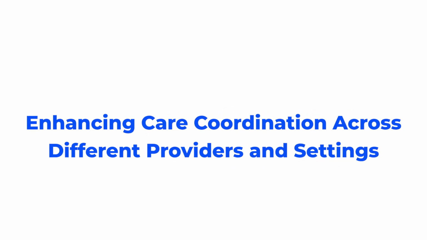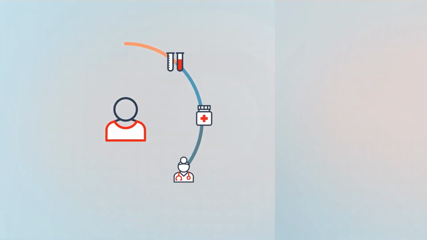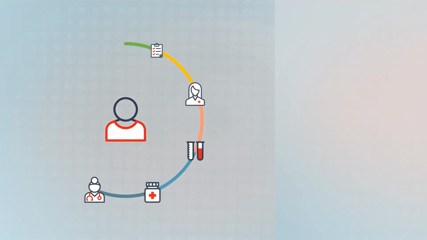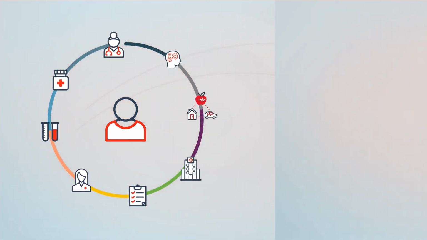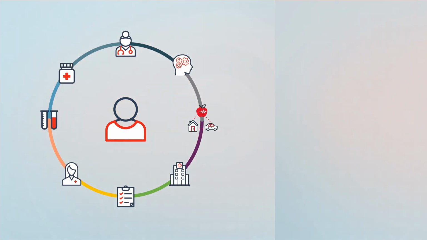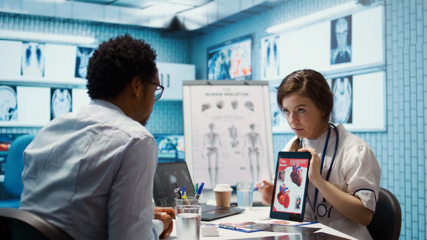2. Enhancing care coordination across different providers and settings. Better coordination across providers. Definition. Care coordination involves the organization of patient care activities between multiple healthcare providers and across different settings, ensuring that the right care is delivered at the right time. Benefit of HIE.